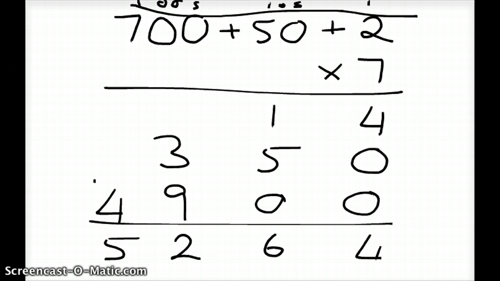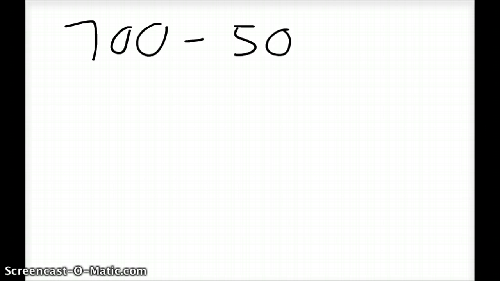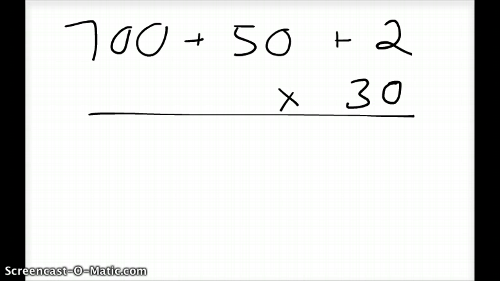Okay? I now have to take my 752 and multiply it by 30. Okay, so what happens when I have 2 times 30? I have 60.